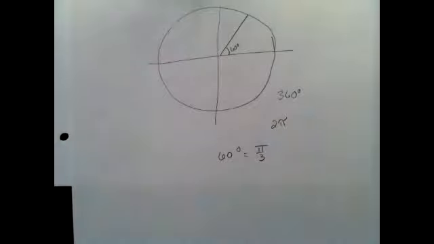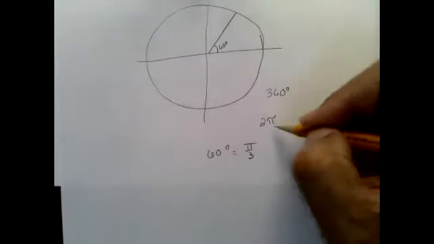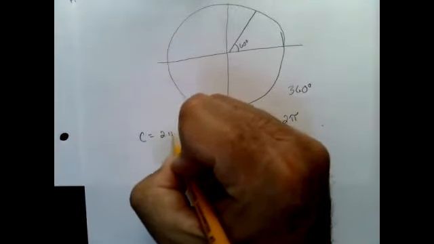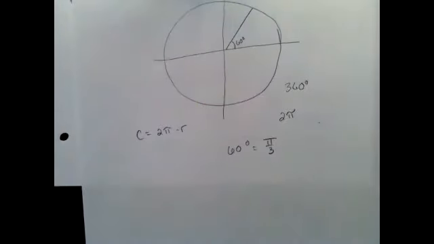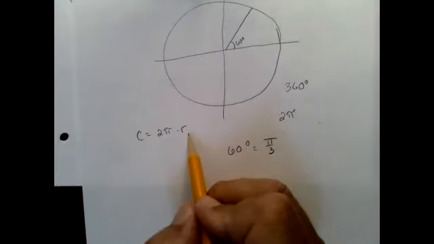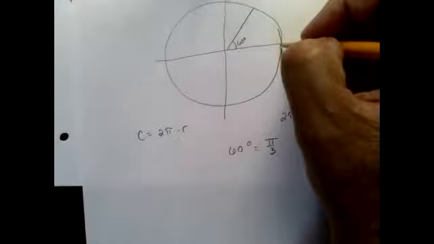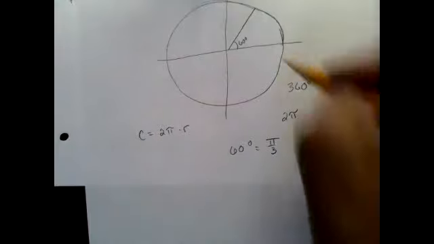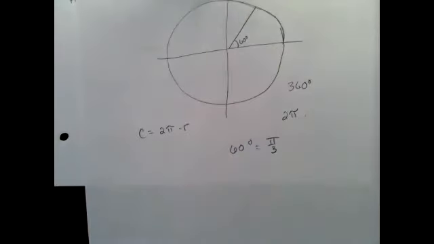But on a unit circle, my circumference is 2 pi r, where r is the radius, and if it's a unit circle, the radius is 1. So the circumference going all the way around will measure 2 pi. I got you. And typically with all these, we're working with a unit circle, right? Yeah.